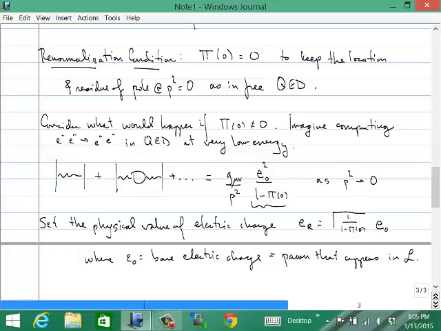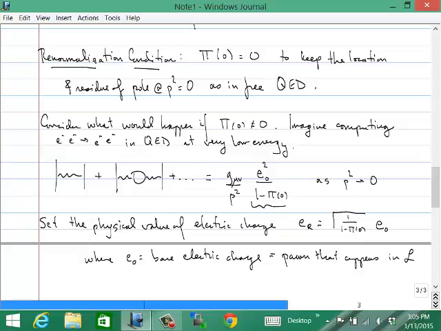And E renormalized is the physical electric charge as defined in terms of the outcome of some scattering experiment. So I define the renormalized electric charge, the physical electric charge, to be the square root of the coefficient of g mu nu over p squared in the limit where p squared goes to 0 for electron-electron scattering.